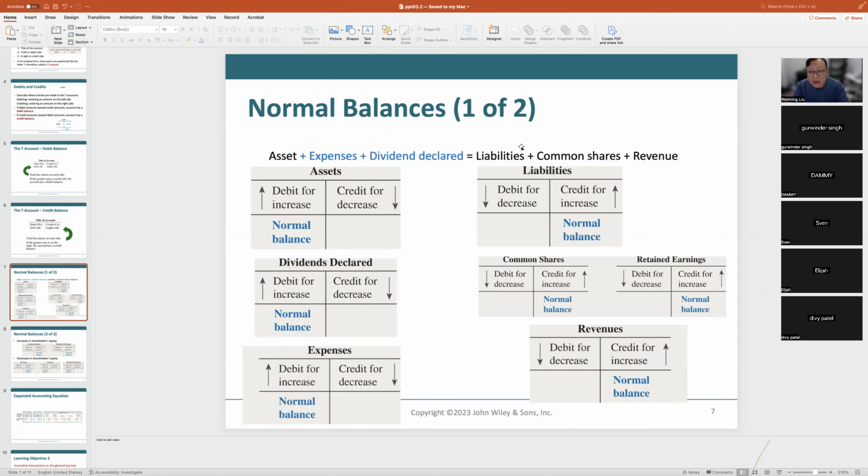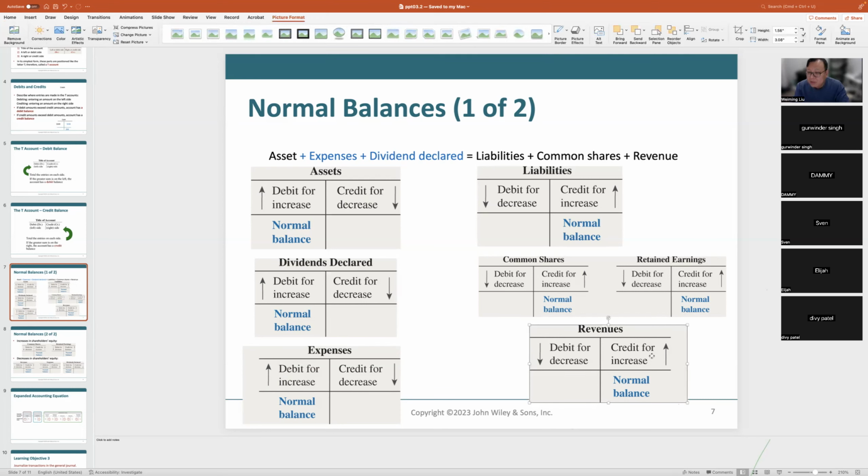Okay. For liability, common shares, retained earnings, and revenue, they have a normal credit balance. If you need to increase these accounts, you need to credit these accounts. If you need to decrease this account, then you debit this account, right? Why are they opposite?